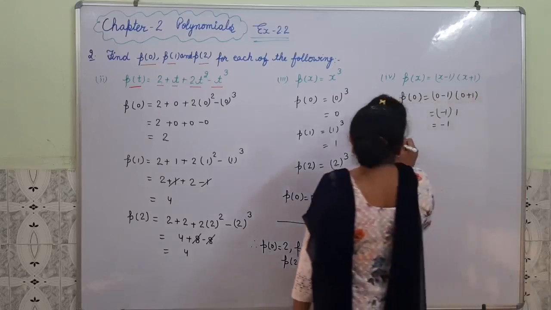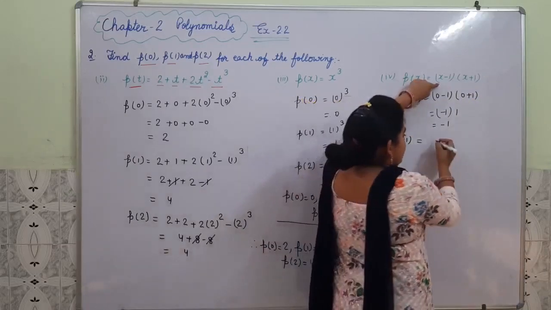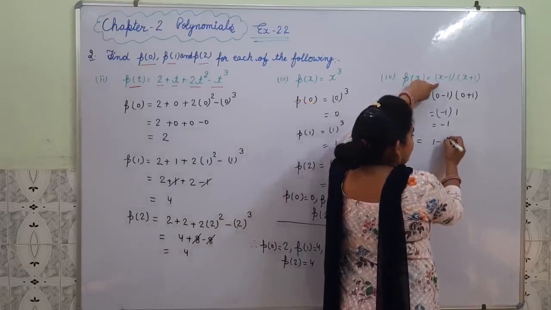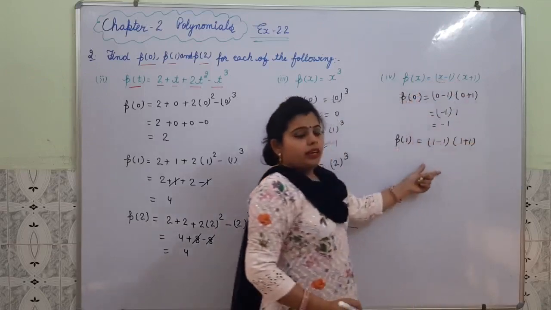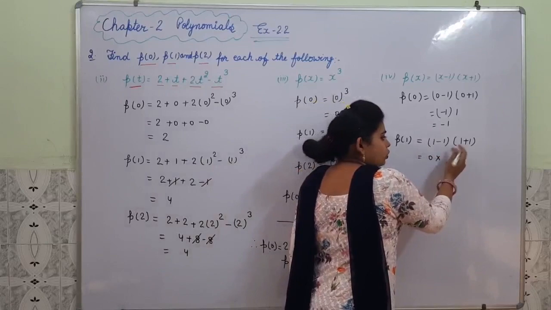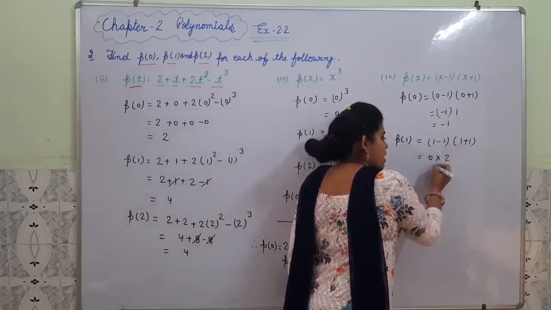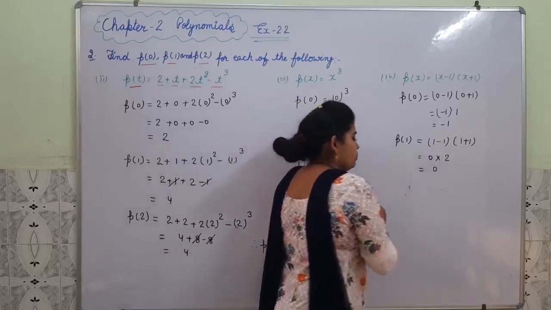Now P of 1. We will replace x by 1: 1 minus 1 into 1 plus 1. Here 1 minus 1 is 0, into 1 plus 1, 2. And 0 multiplied by any number, we will get 0.